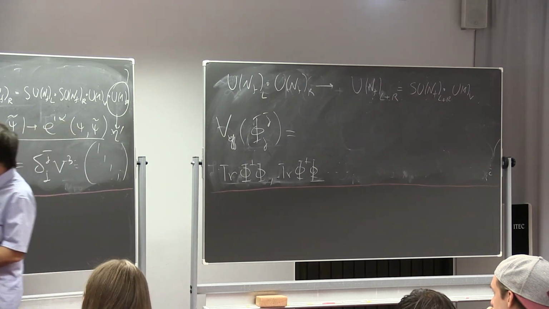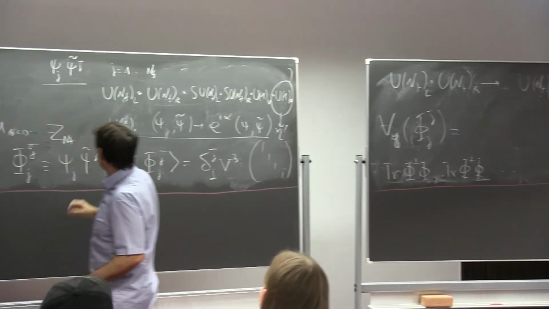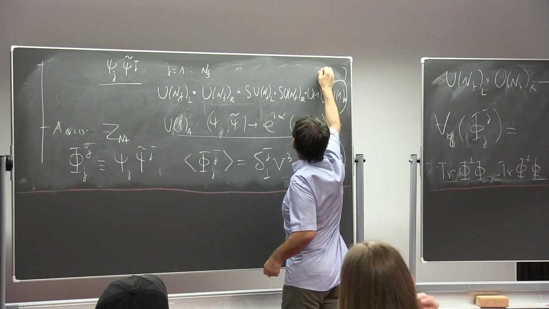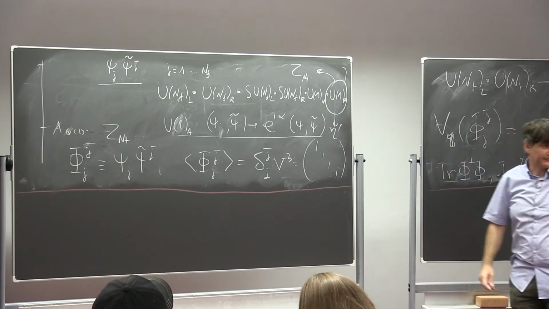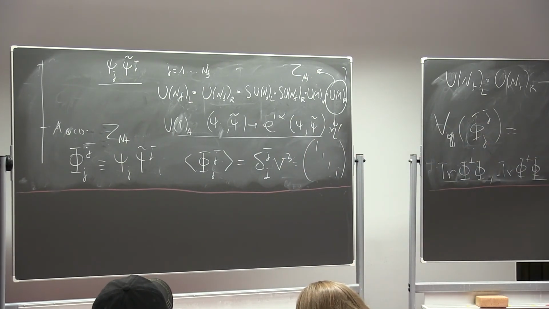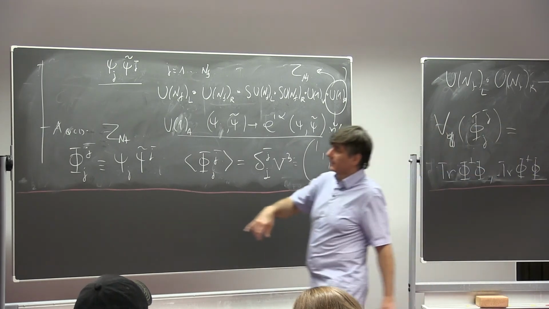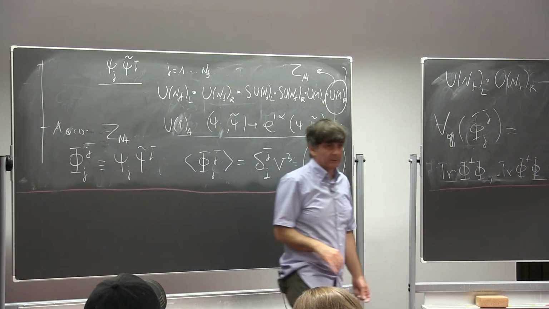This is respected by the anomaly, so it's anomaly-free. Therefore, the explicitly violating term should be such that it respects this symmetry. So the Z_{N_F} symmetry that acts on this phi should be respected.